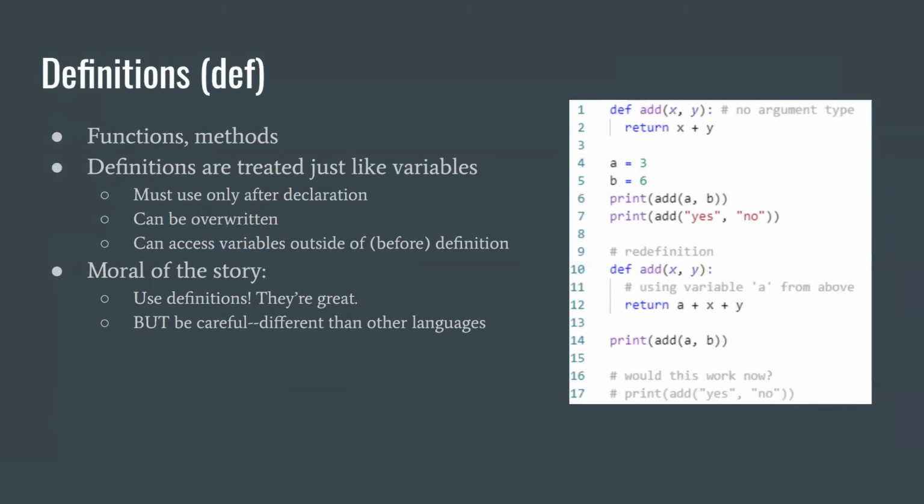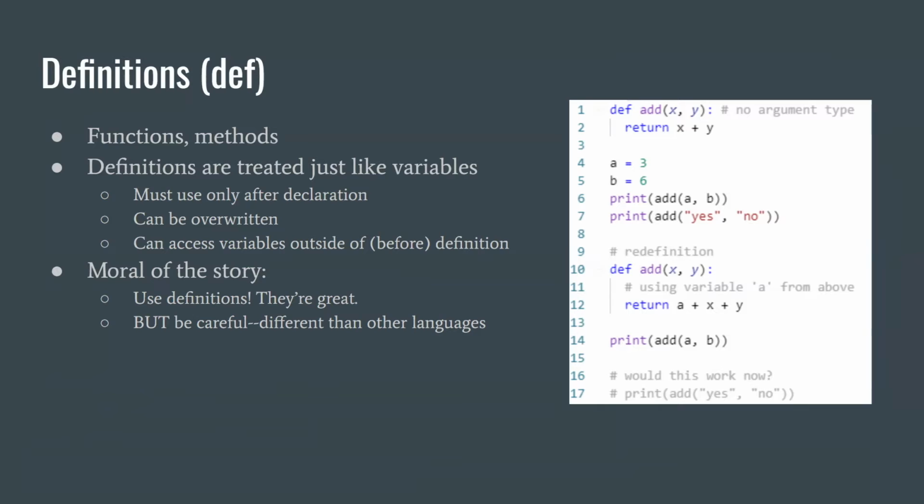Okay, and then definitions. These are your equivalent to functions or methods. The thing to keep in mind about Python is that you don't technically need to put everything in functions. You can just run your file from the beginning, and it'll run from the beginning.